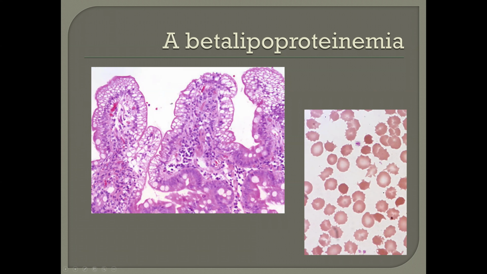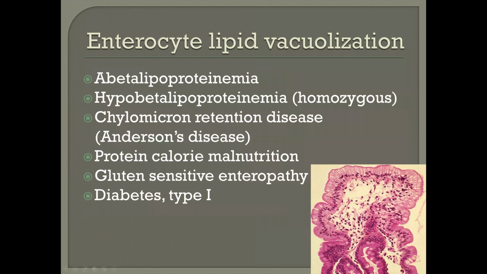Enterocyte lipid vacuolization, another disorder, can have fairly normal architecture, but can occur in a variety of different diseases. We've just showed you abetalipoproteinemia, but hypobetalipoproteinemia, chylomicron retention disease, protein calorie malnutrition, gluten-sensitive enteropathy, and diabetes can all have similar morphologic features.